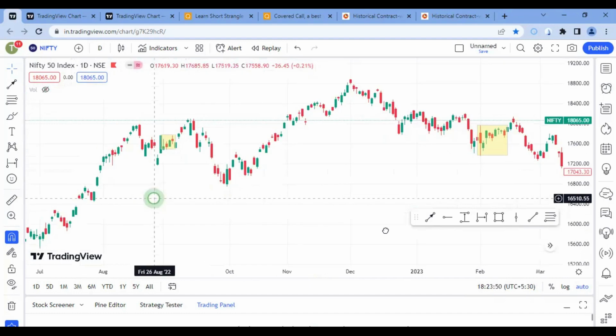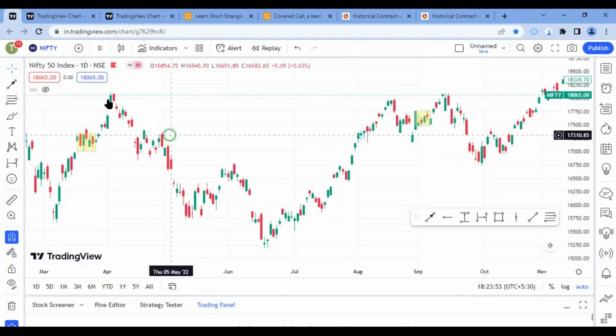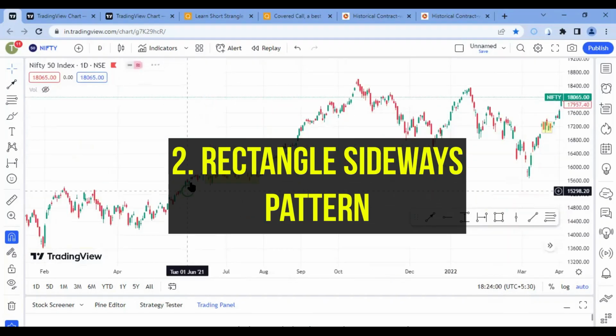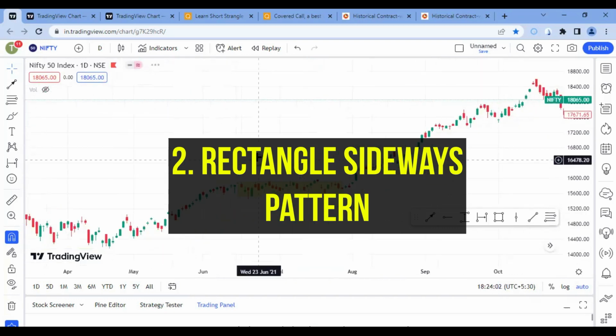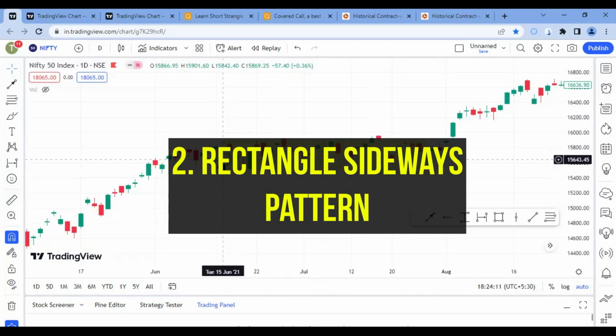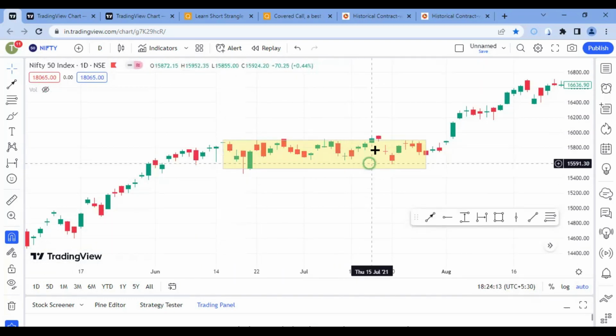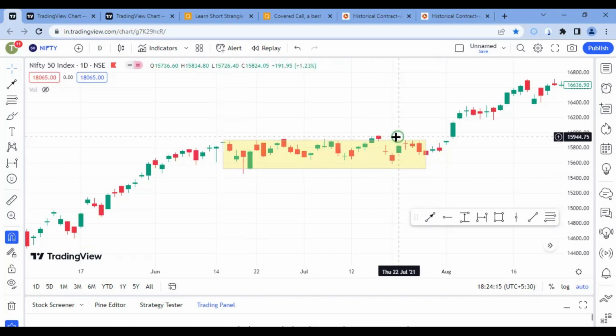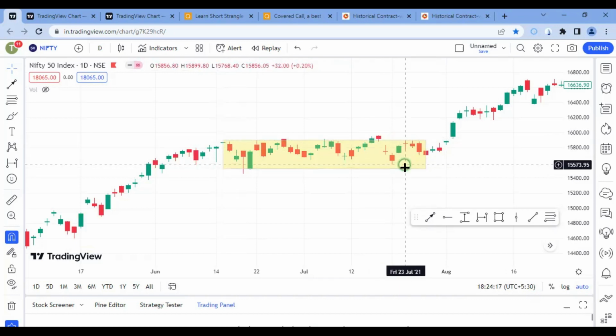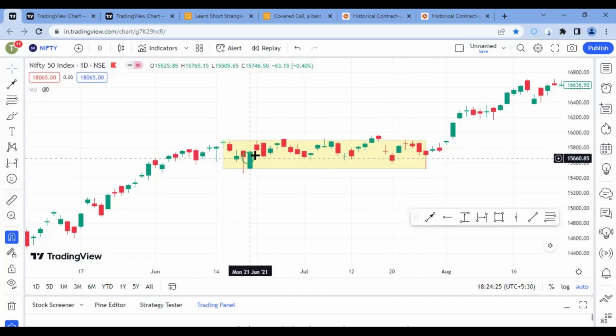Here also there was one inside bar pattern, and in July 2021 we had this rectangle shaped pattern. Here you see the price is trading in a small range between 15,900 on the upside and 15,600 something on the downside. So this was a 300 points range in which the market traded from the June second half until the July end.